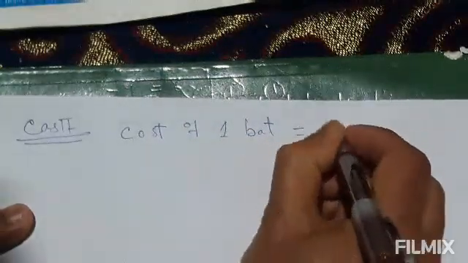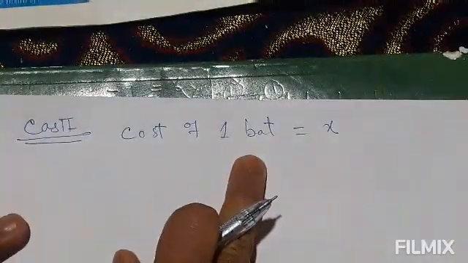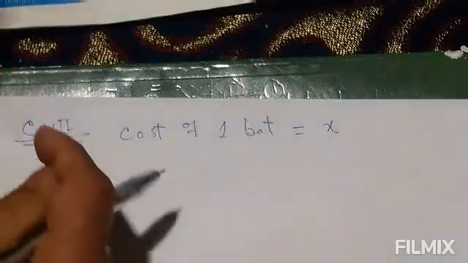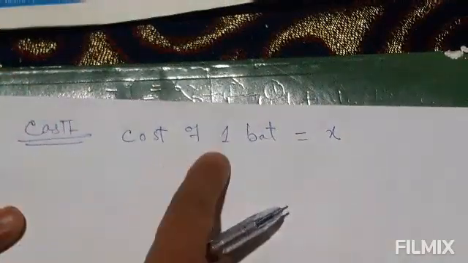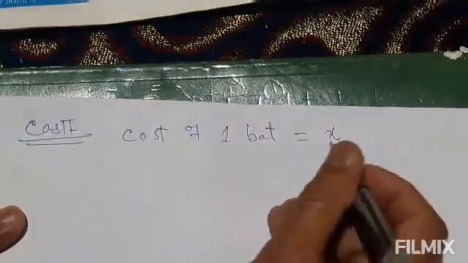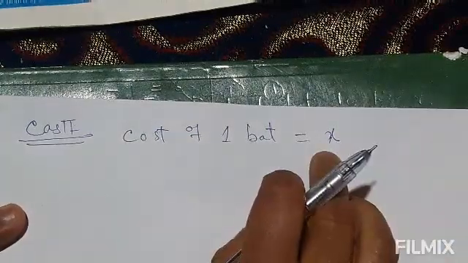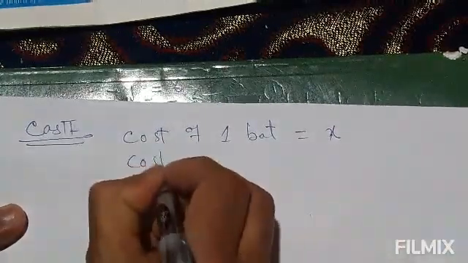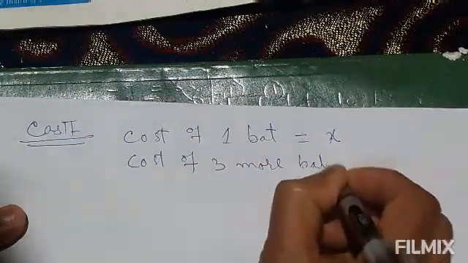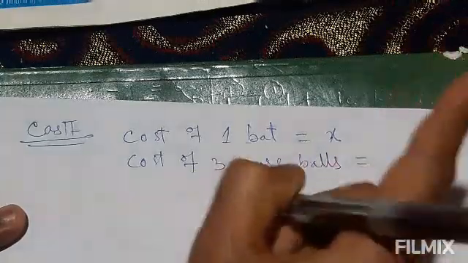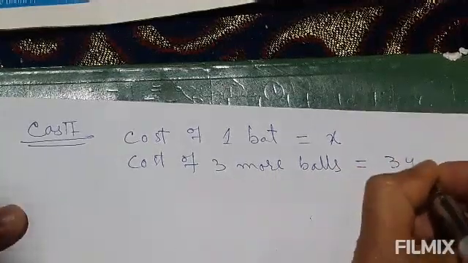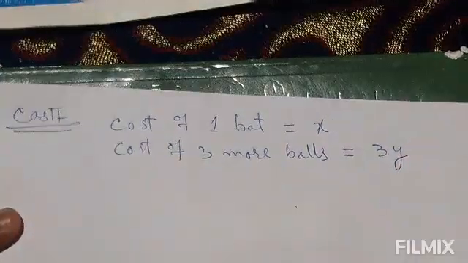How much? x, because it is the same bat that has been bought by the cricket coach. So here the cost of the bat will be the same. Okay, so I have to write it as x rupees. Similarly, cost of 3 more balls. How much? The cost of one ball was y. So for the 3 balls, it is 3y. Do you follow me? Okay.